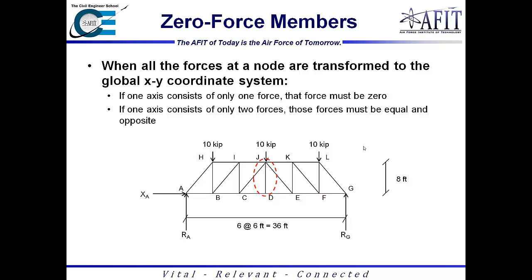As an example, we'll look at node D. Node D has one force acting in the y direction, member DJ, so that force must be 0. Looking at the x direction, we have CD and DE acting in the x direction, so those forces must be equal and opposite to counteract one another.